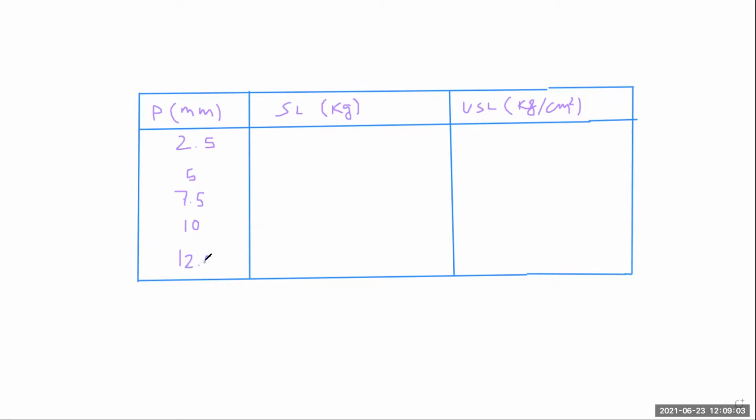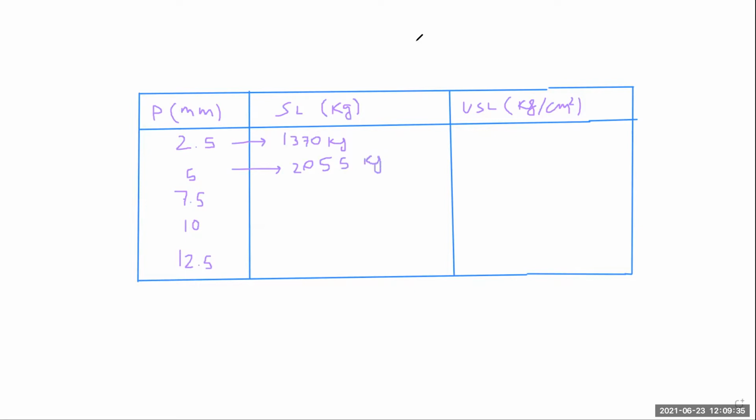Corresponding to 2.5 mm penetration, we have a standard load of 1370 kg. For 5 mm penetration, we have a standard load of 2055 kg, and so on. So these are the standard loads.